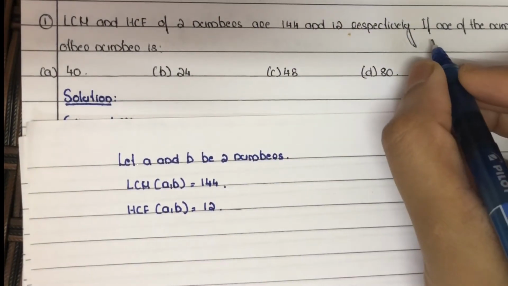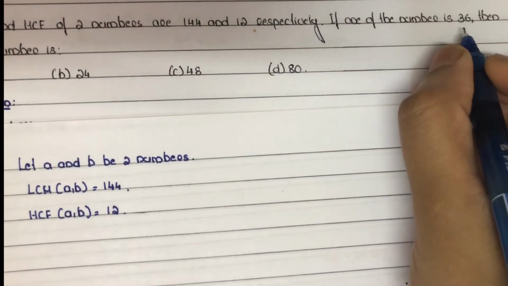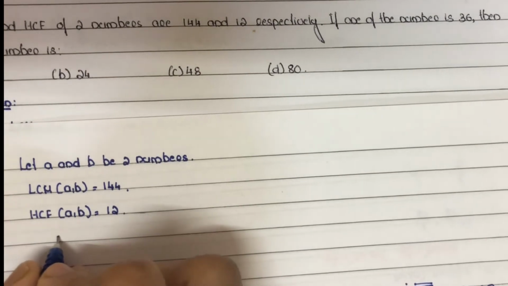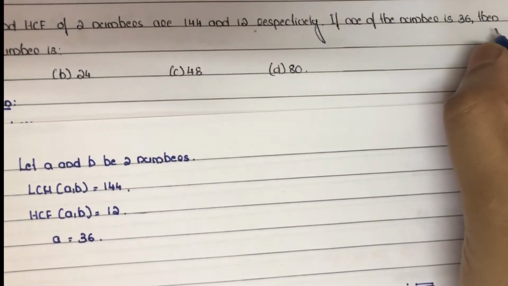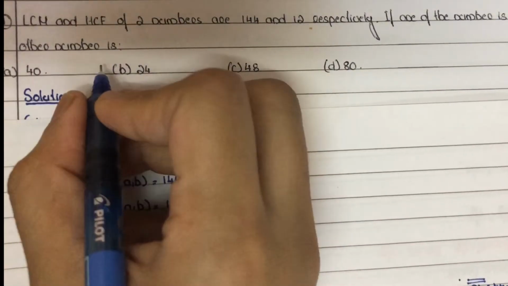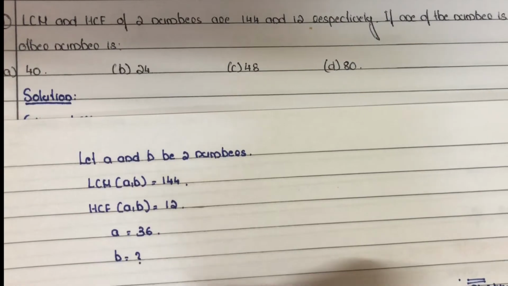Then what is given? If one of the numbers is 36, let A equal to 36. Then the question is to find out the value of B.